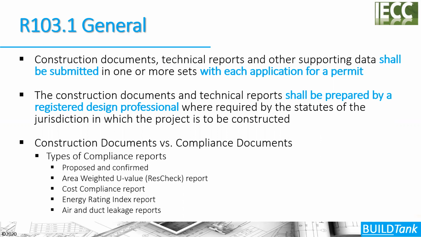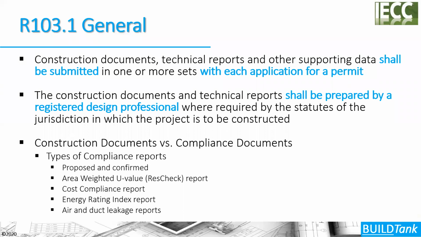However, there are these things called compliance documents, and compliance documents are different from construction documents in that they are demonstrating compliance. So the best example and easiest one for people to understand is the report for the UA alternative path that's developed by the REScheck software, the UA compliance report. That would be an example of a compliance report.